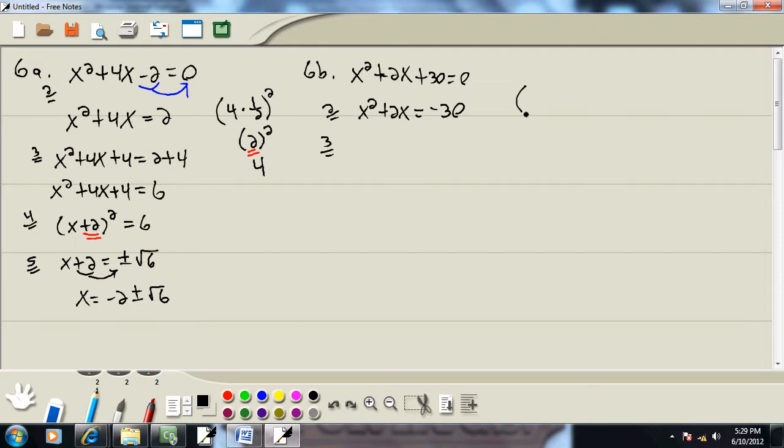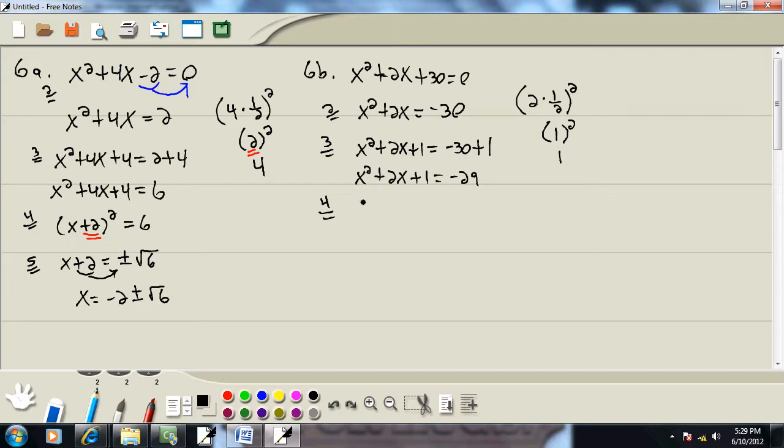Step 3, we take the number before x, which is 2, and we multiply it times 1/2 and we square it. Well, 2 times 1/2 is 1, and 1 squared gives us 1. And then we'll add that to both sides. So we got x squared plus 2x plus 1 equals -30 plus 1. And that gives us x squared plus 2x plus 1 equals -29.